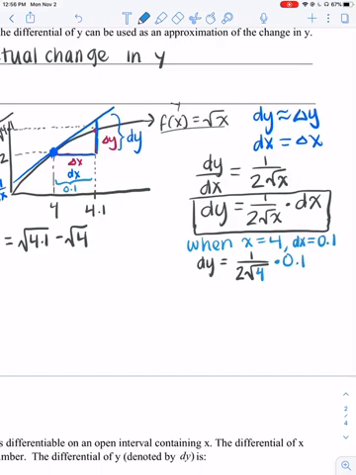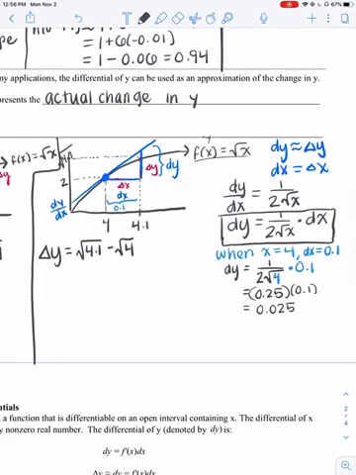So 1/2 root 4. Root 4 is 2. We have 1/2 times 2. That's 1/2, I'm going to write it as 0.5... so we have 0.25 times 0.1, and that's 0.025. So this is what we're getting for dy.